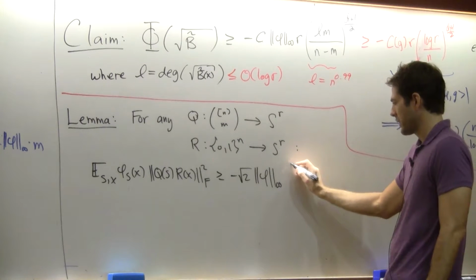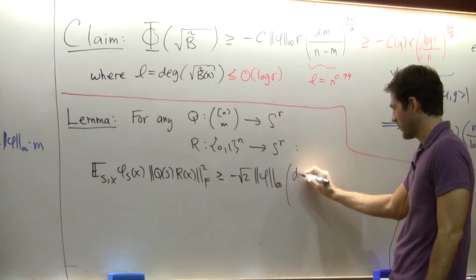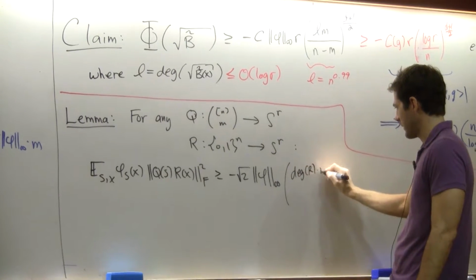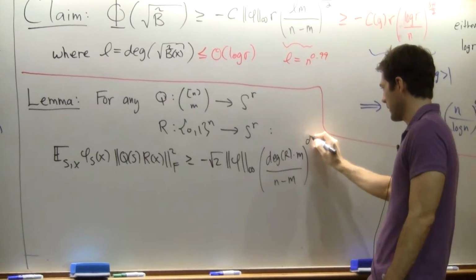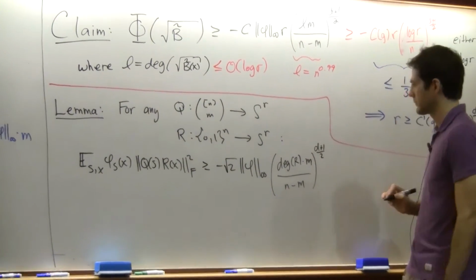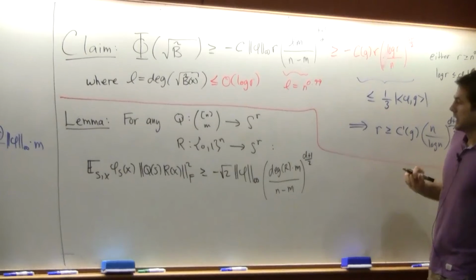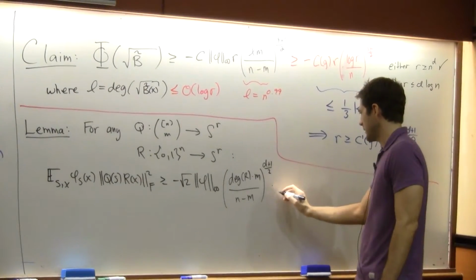Okay, so first of all, we're going to get what we want here, which is degree of r times m over n minus m to the d plus 1 over 2. That's what we want.